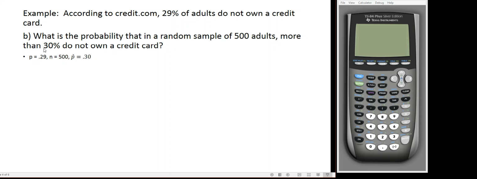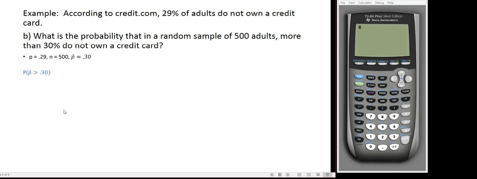That's our sample proportion. We want a probability this time that more than 30% do not own a credit card. If we write that in mathematical notation, we have big P for probability, and we want the probability that our p hat is greater than 0.30. Since it just said more than, I'm not going to put greater than or equal to.